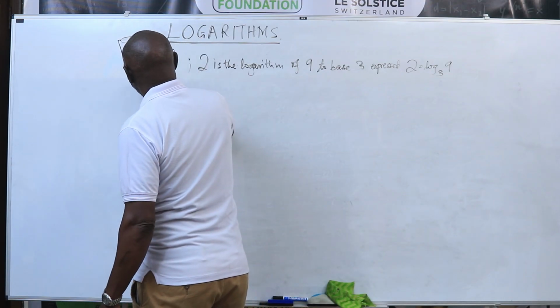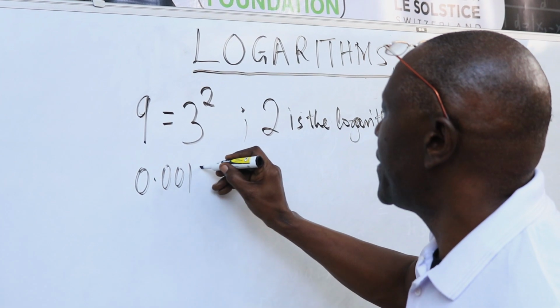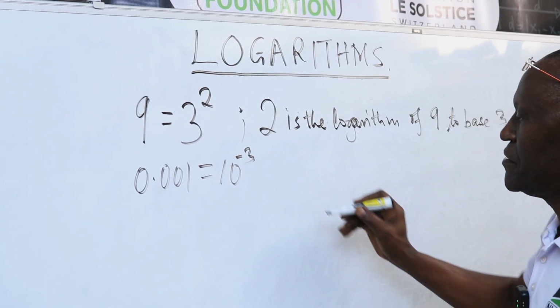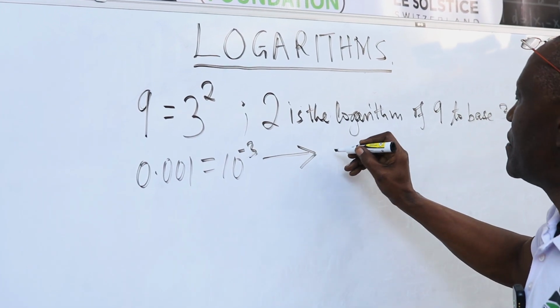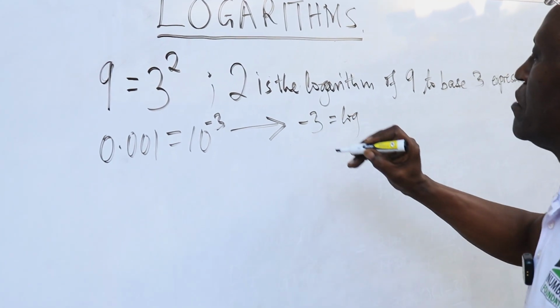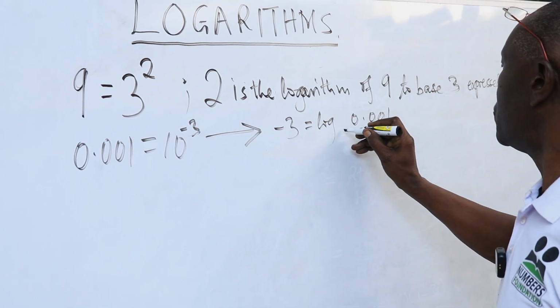Similarly, 0.001 can be written as 10 exponent minus 3. It implies that minus 3 is equal to the log of 0.001 to base 10.